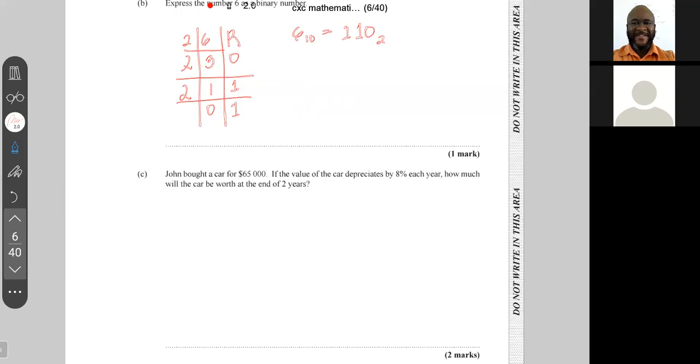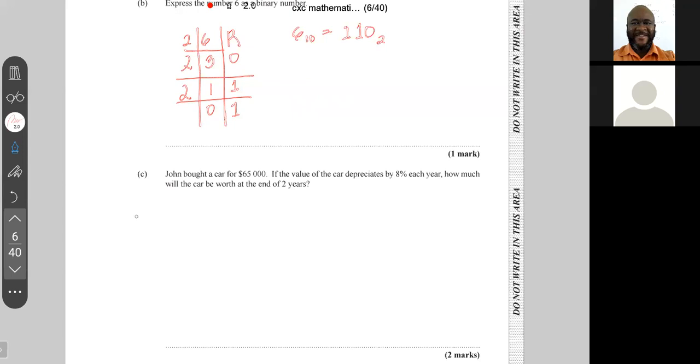A depreciation of 8% is telling me that every year, the value of this car is going to depreciate by 8%. So whatever the value of the car is at the start of the year, by the end of the year, it's going to be valued 8% less.